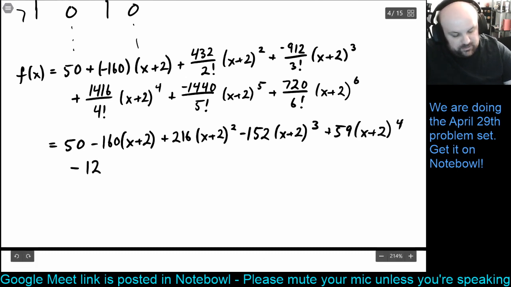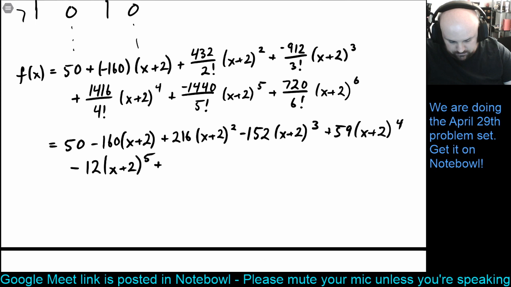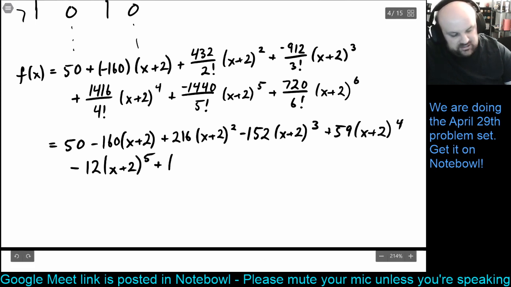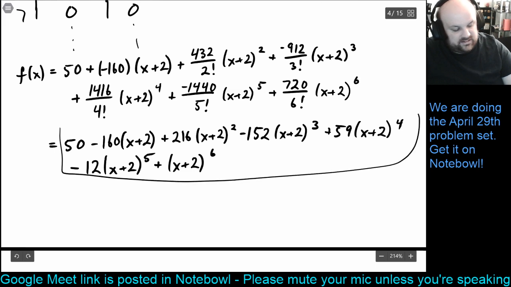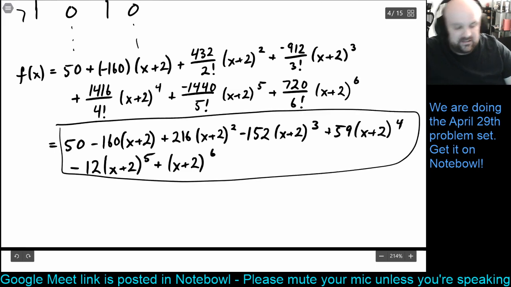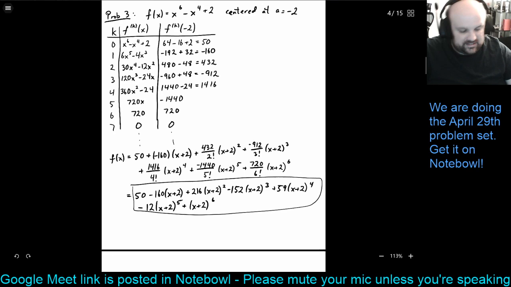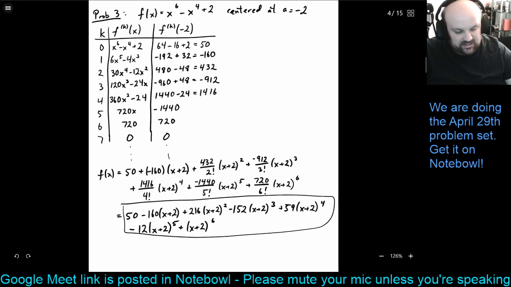So minus 12. x plus 2 to the 5th. And then 6 factorial, if I recall correctly, is actually 720. So this is just plus x plus 2 to the 6th. So this right here, this is your Taylor polynomial centered at negative 2.